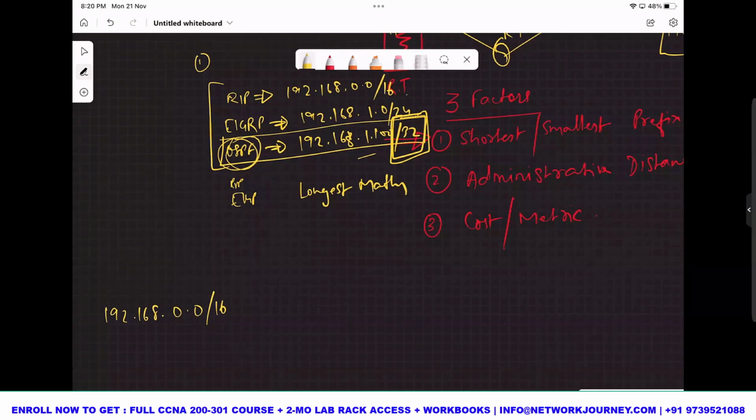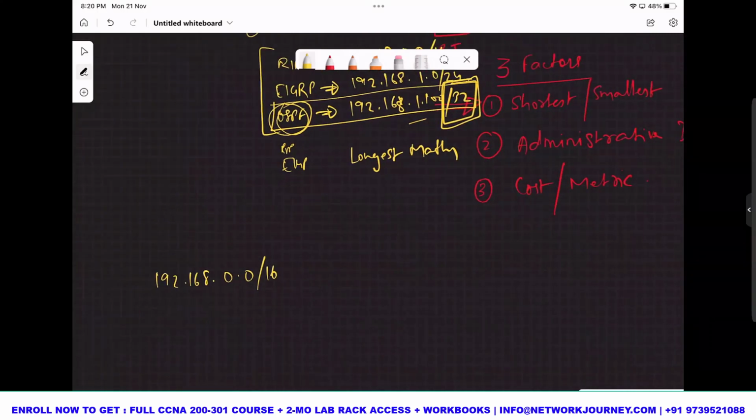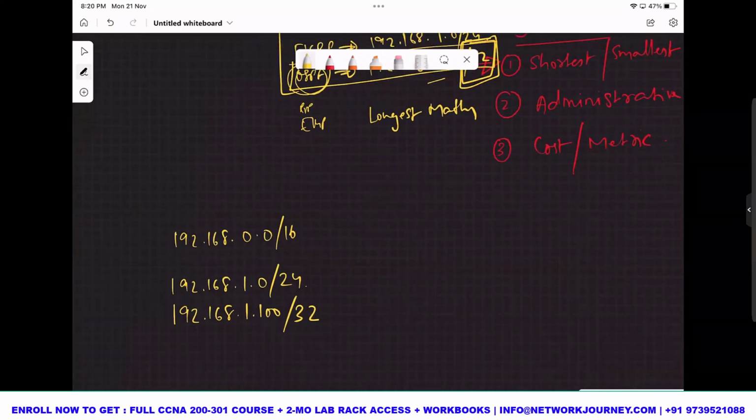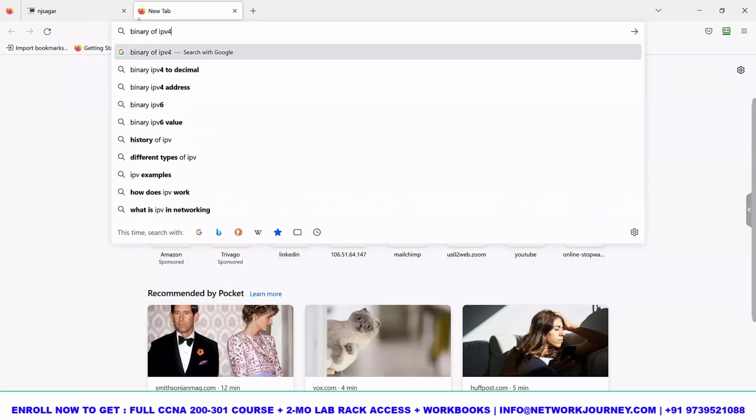you need to put them in binary format. So you have 192.168.1.0/24, and 192.168.1.100/32. So you need to put these IPs in binary format. So let me take the binary of IPv4.